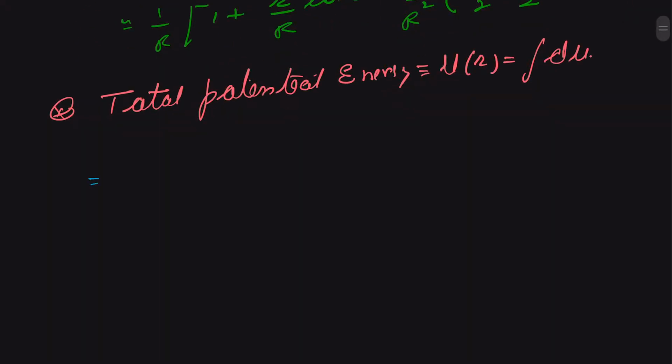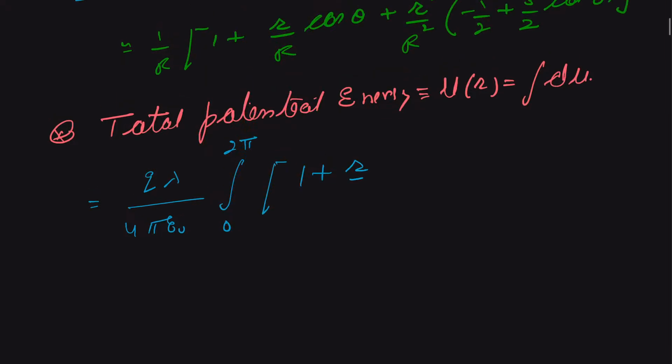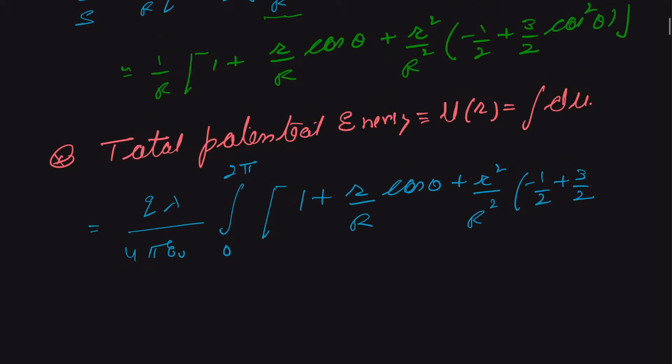Now we can simply substitute the limits, and we can take the constant part outside, so that will be q lambda upon 4 pi epsilon naught, and the integration from 0 to 2 pi, and we are left with 1 plus r small r cos of theta plus r square upon capital R square times minus 1 by 2 plus 3 by 2 cos square theta.